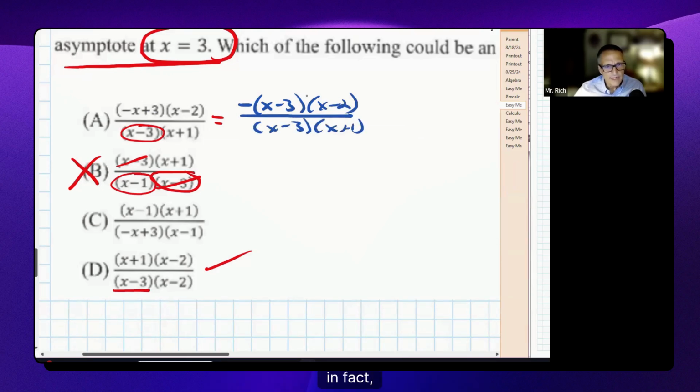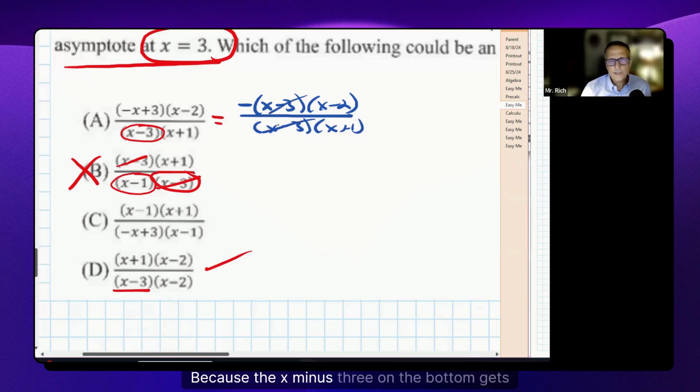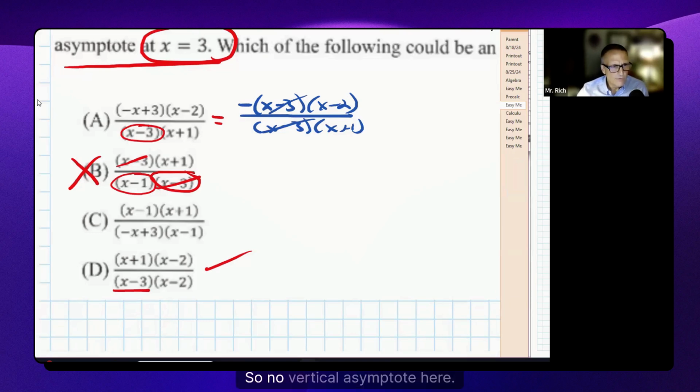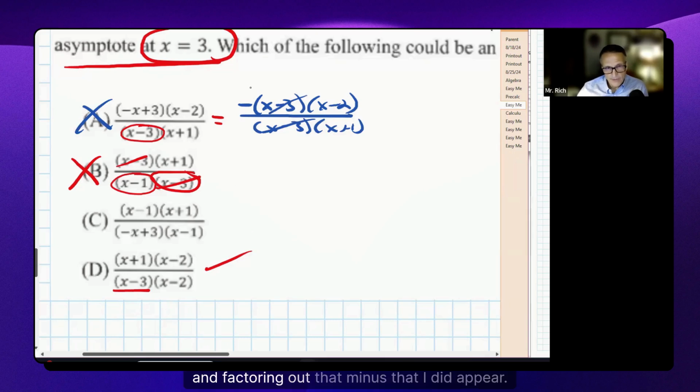So it turns out, in fact, there's a hole at x equals 3, because the x minus 3 on the bottom gets canceled by the x minus 3. So no vertical asymptote here. All right. And this one also, by the same logic and factoring out that minus that I did up here, this does have a vertical asymptote right there at x equals 3.